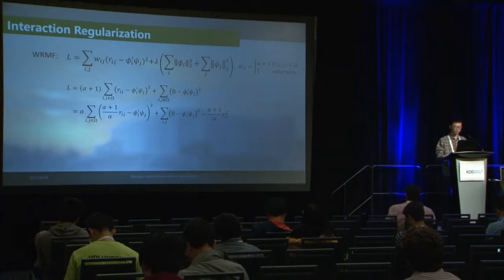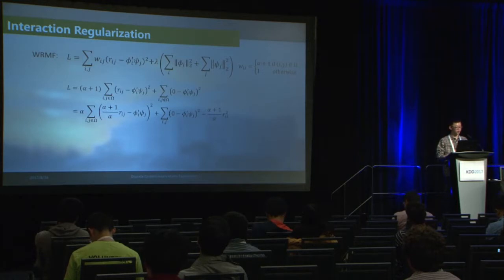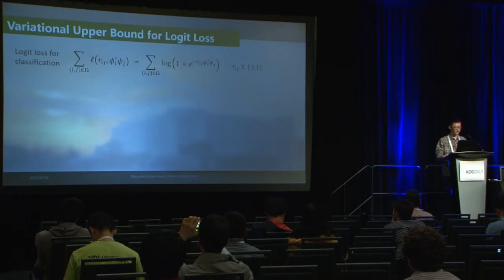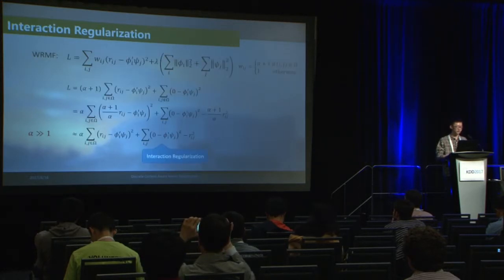By a simple derivation, it turns out to be this. We know that here alpha is usually far greater than 1. So the loss function approximately turns out to equal this. And the second term is just the interaction regularization term.